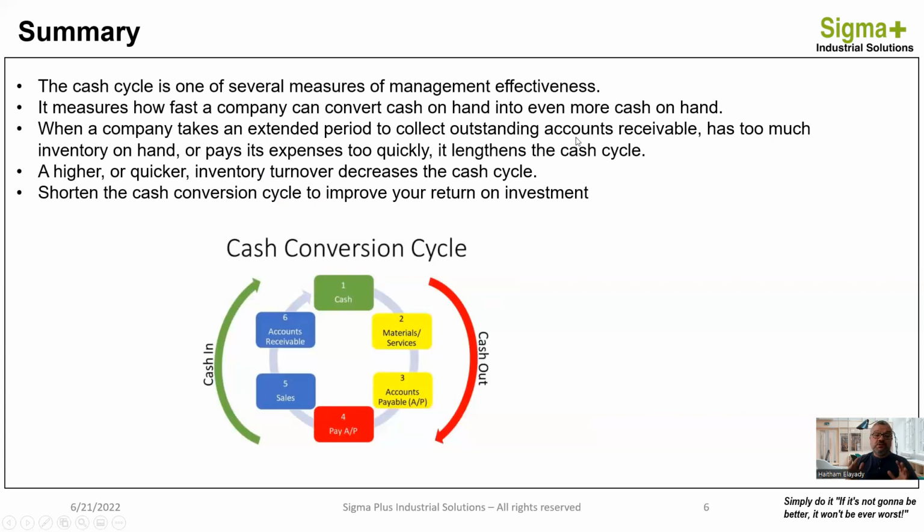And of course, this is not good. What we are always looking for is to reduce the cash cycle. A higher or quicker inventory turnover decreases the cash cycle, right? And shortening the cash conversion cycle improves your return on investment.